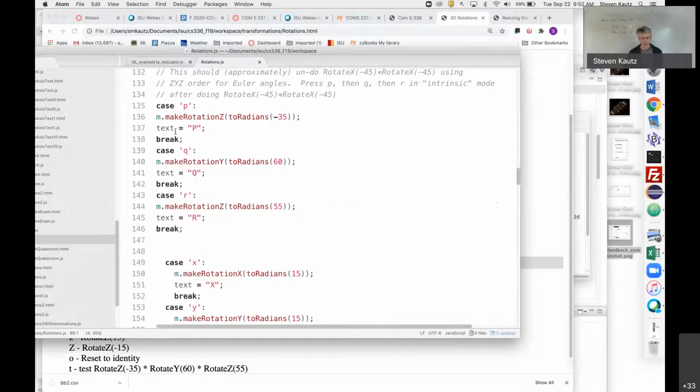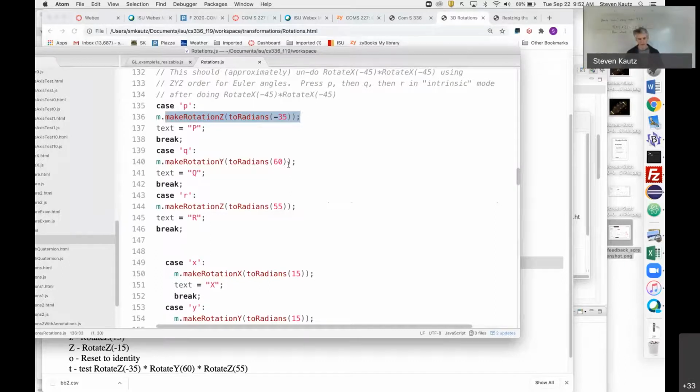So here is our clockwise z rotation. Now, where the heck did I come up with minus 35 degrees? And the answer is several hours of trial and error. Again, just to try to work with this and get a sense for what was happening and confirm the intuition that I just had that we should be able to do that rotation.